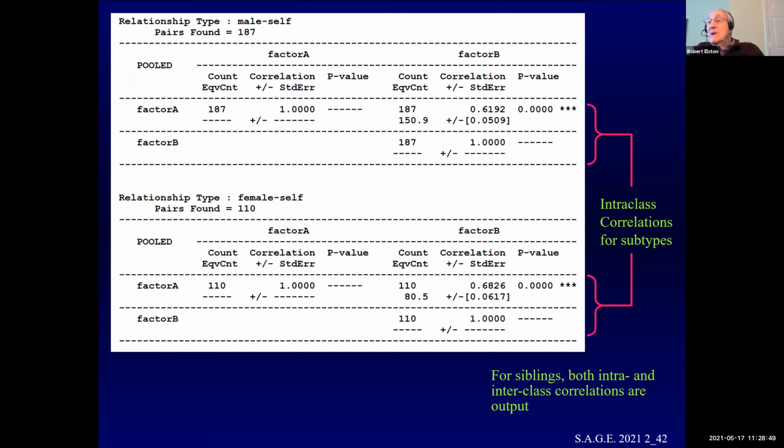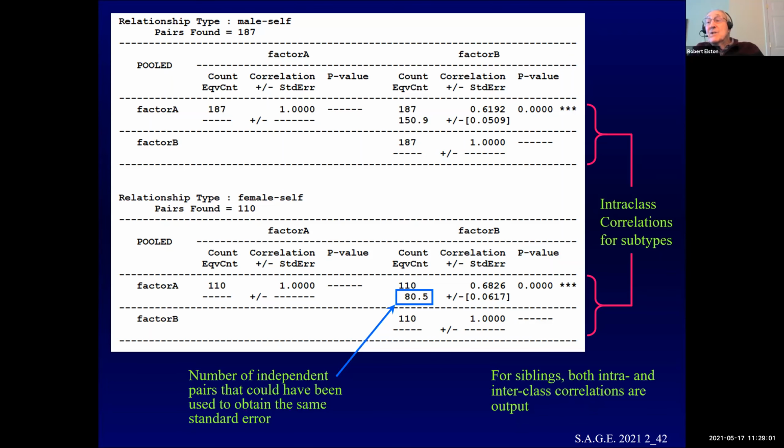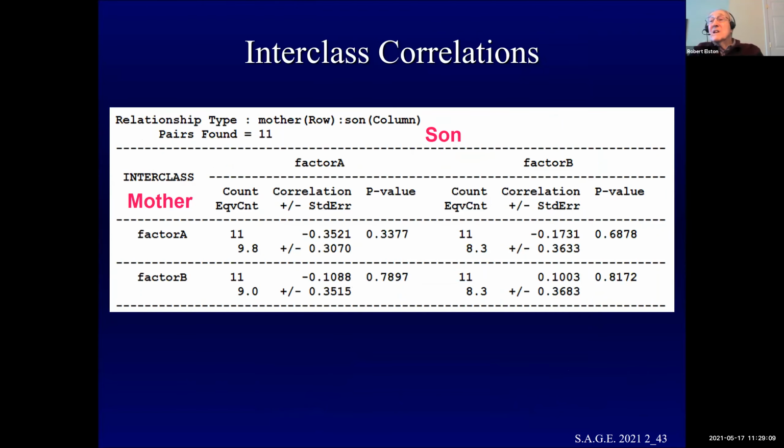And for siblings, both intra and inter-class correlations are in the output, and they can be pooled. You'll notice that the number of pairs that could have been used to obtain the same standard error is 80, which is less than we actually have, I think.